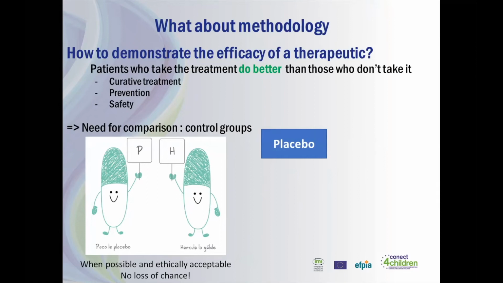But if placebo is not possible and a standard treatment exists, we can use a standard treatment. Or we can do add-on on existing treatment if we cannot leave the patient without treatment. So many possibilities exist to compare, and Loic will talk to you about this.